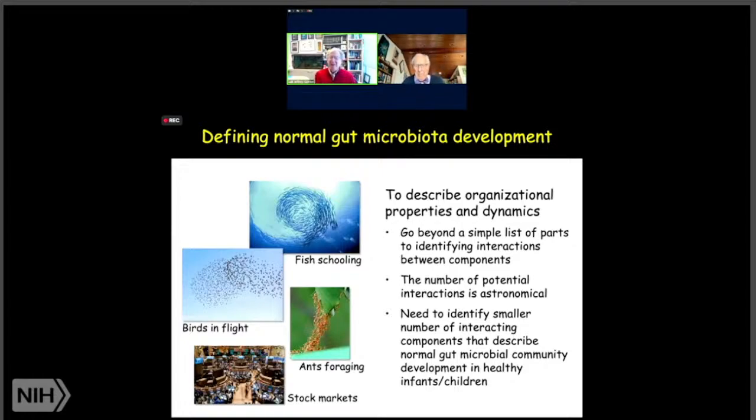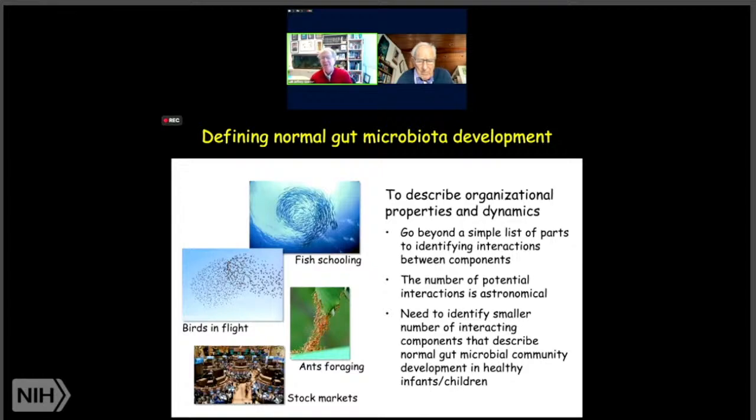Now, the number of potential interactions that might occur in such a community, even if you had 100 bacterial members, is literally astronomical if you consider all possible pairwise or higher order interactions. So we need to identify through feature reduction a smaller number of interacting components that describe a normal microbial community development in healthy individuals.